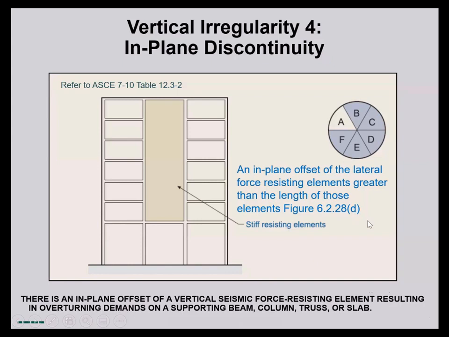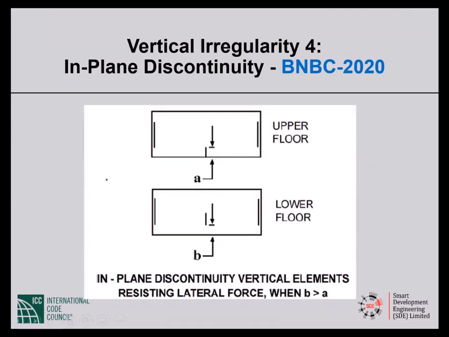It says an in-plane offset of the lateral force resisting elements greater than the length of those elements. Okay, so this shear wall is coming down, if there is an in-plane offset of more than the dimension of the shear wall, then it is.